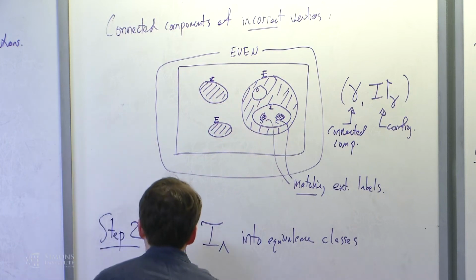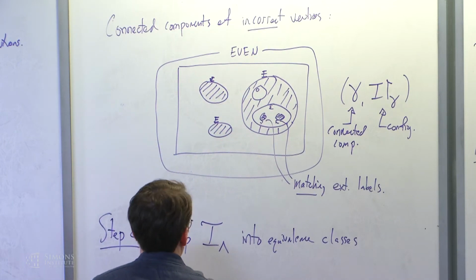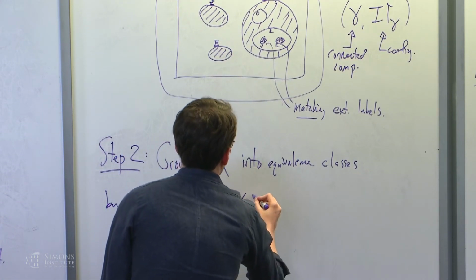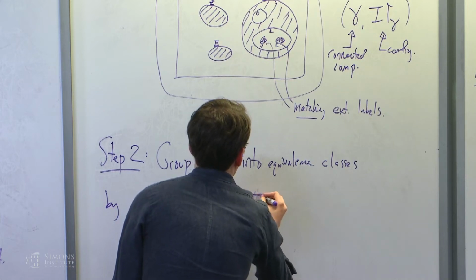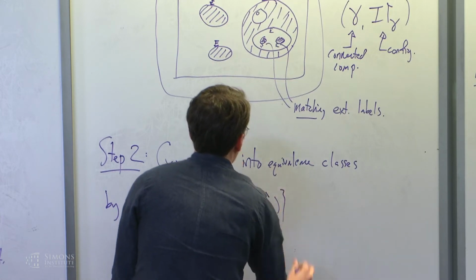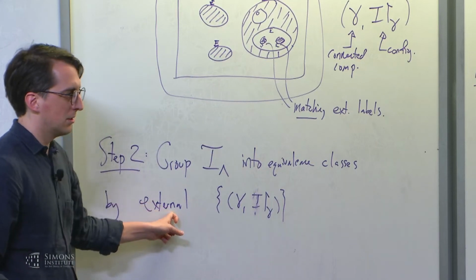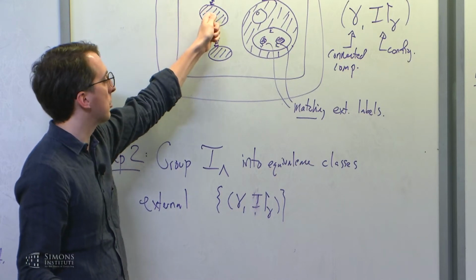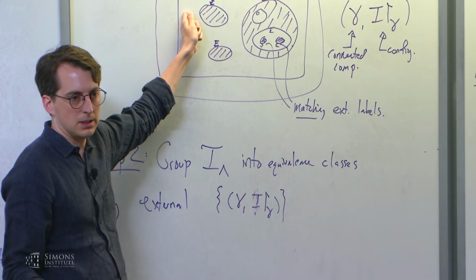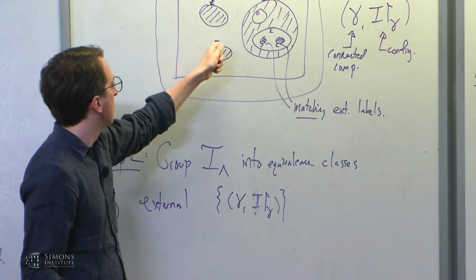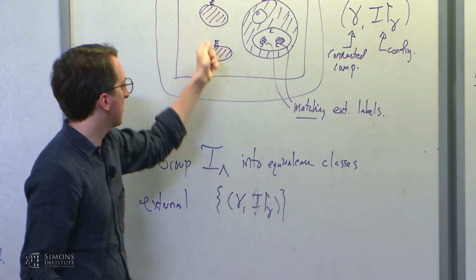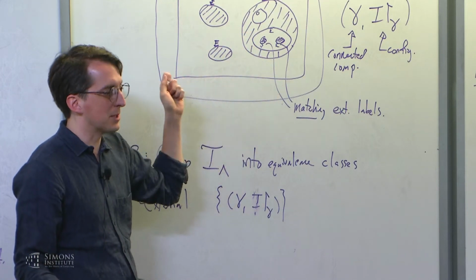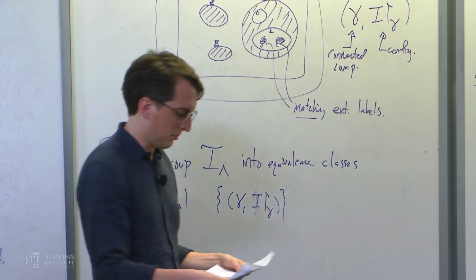So they're determined by the external collections of gamma and I. So what does it mean to be an external object? It means that if I start inside my connected component, I can go to the boundary without passing through any other component. So this is a well-defined notion. So I pick an independent set, I get some collection of external contours, and then I sum over all of the independent sets that would give me the same set of external contours.